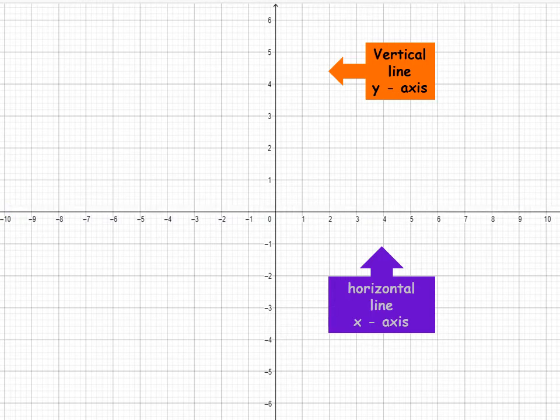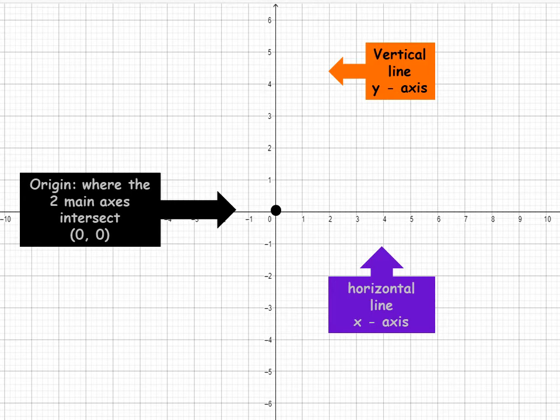Finally, let us look at that position right there, that black dot. It represents the point where the two axes intersect, or where the two axes meet. And that's the point that we call the origin.